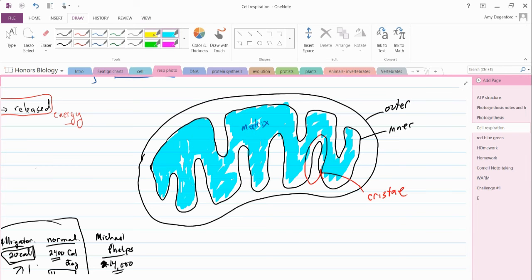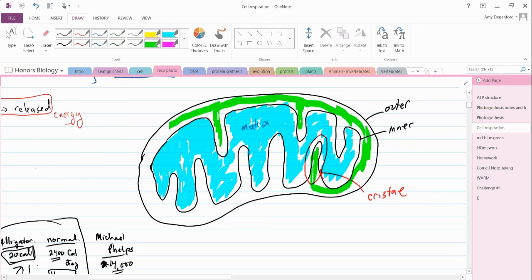And then we have the intermembrane space. And so that I'm just going to highlight green. So this intermembrane space, and that just goes all around. That's going to be where we see something somewhat familiar, and that's going to be the high concentration of hydrogens.